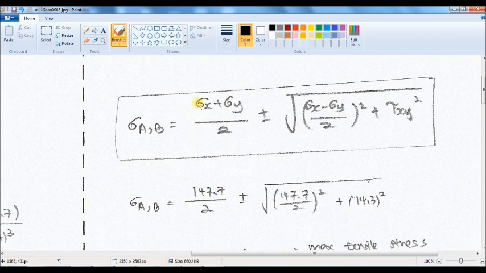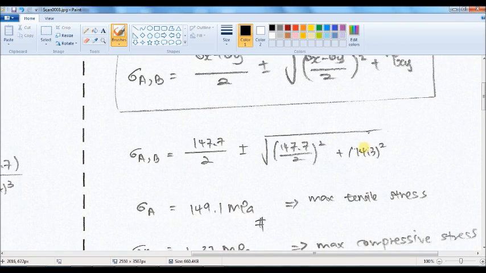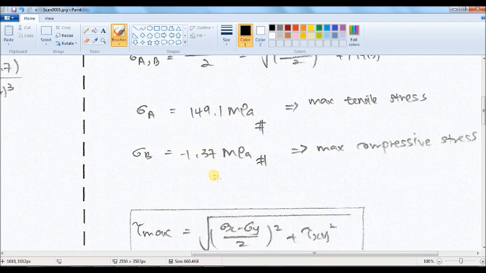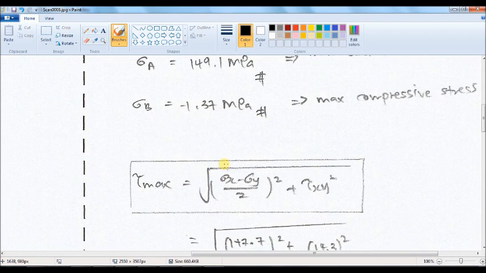Then I will substitute sigma x, sigma y was 0, and tau xy due to the torsion, right? After we substitute these values into the equation, I find the two principal stresses equal 149.1 megapascal and negative 1.37 megapascal.